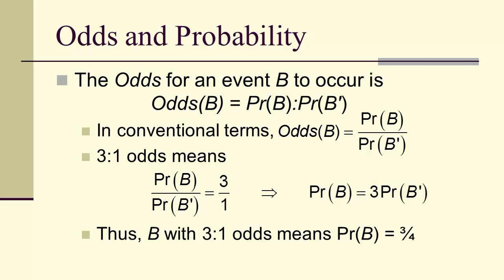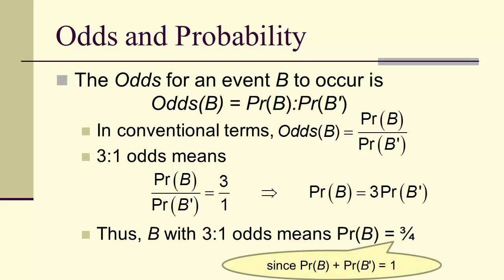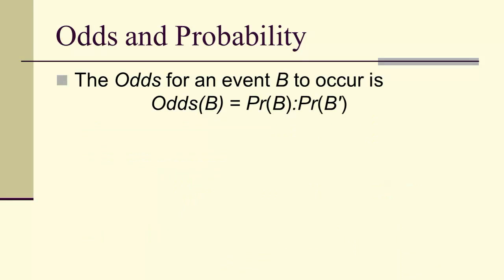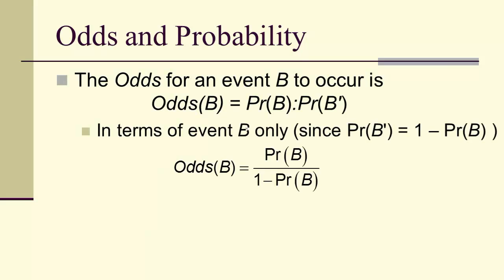And so B with 3 to 1 odds means the probability of B is 3/4, because the probabilities have to add up to 1. Now, we can write the odds in terms of the event B only, because the probability of B prime is 1 minus the probability of B. So the odds is the probability of B over 1 minus the probability of B.